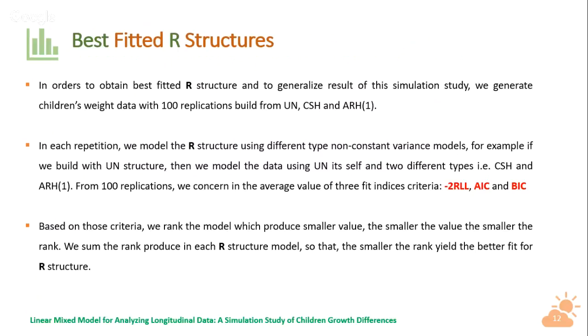For each representation, we model the variance-covariance matrix R using different non-constant variance models, like the unstructured model, the heterogeneous compound symmetry, and heterogeneous first order autoregressive, with the fit indices being minus 2 log likelihood, AIC and BIC. Based on these criteria, we rank the models: the model which produces the smaller value from the fit indices is the best, the better fit for the R structure.